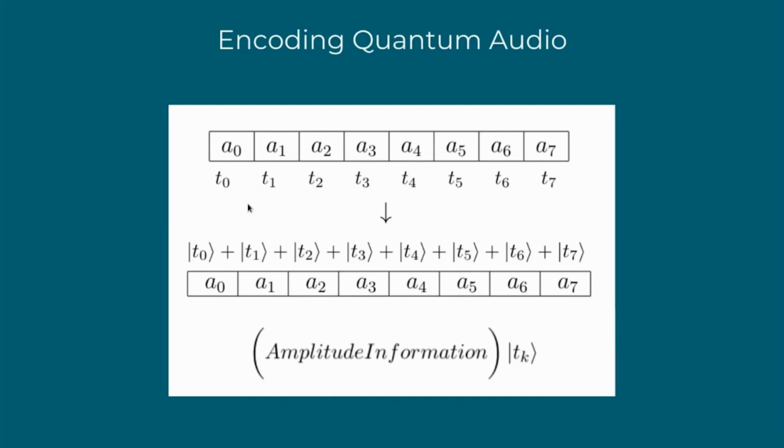So you turn this time index into a quantum time register. Then you put that quantum register in a superposition, and then you use some type of encoding scheme to insert the amplitude information correlated with that time, maybe entangled, maybe as a probability amplitude.